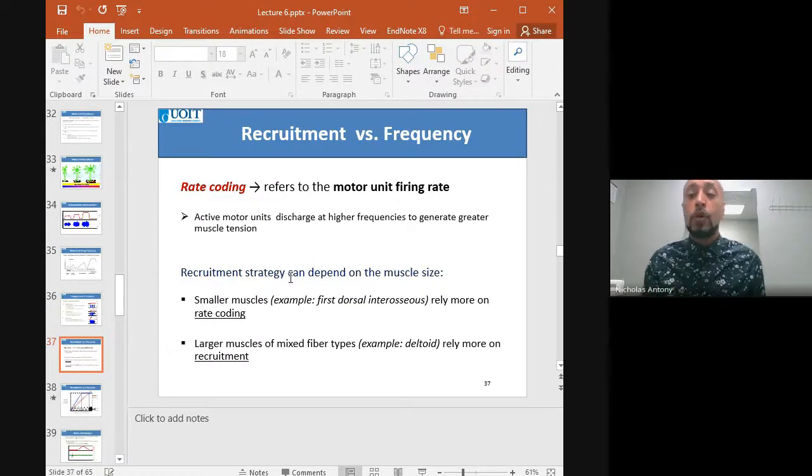So that term is called rate coding. Would fused tetanus be in slow muscle then? In all of them. It's just dictating the amount of fires per second you need to get to a fused tetanus.